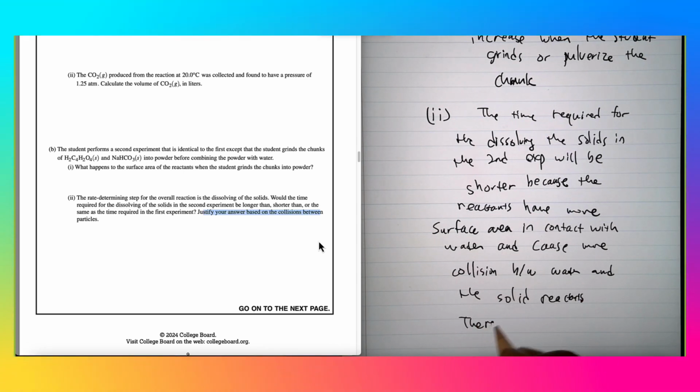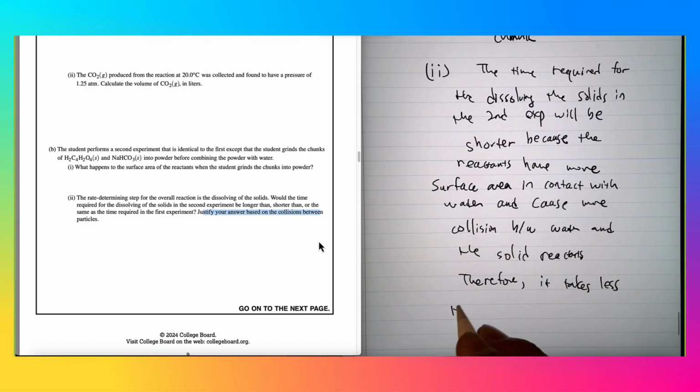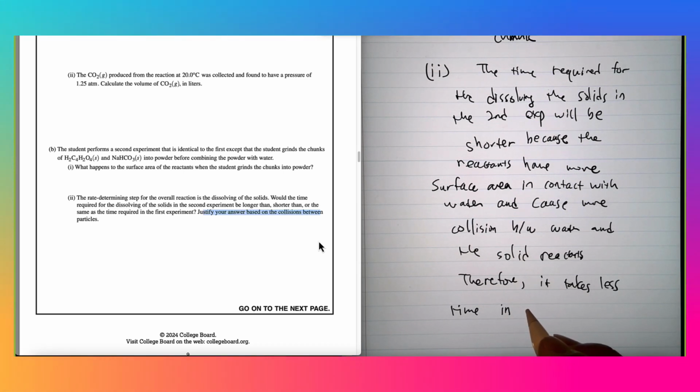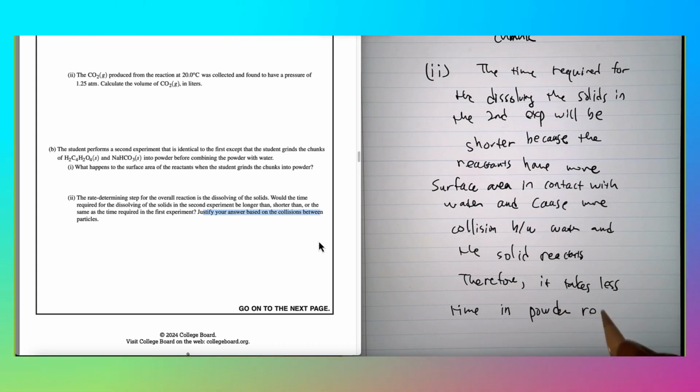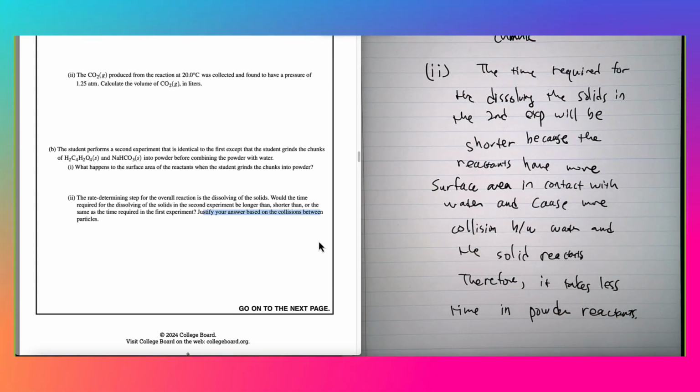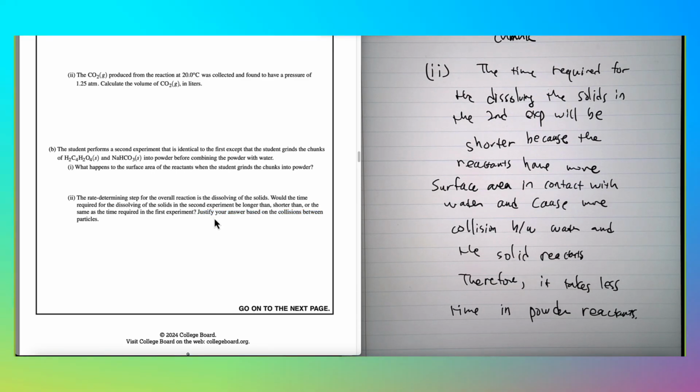Therefore, it takes less time. Should be something along like this. I don't know if we need to write this long, but yeah.